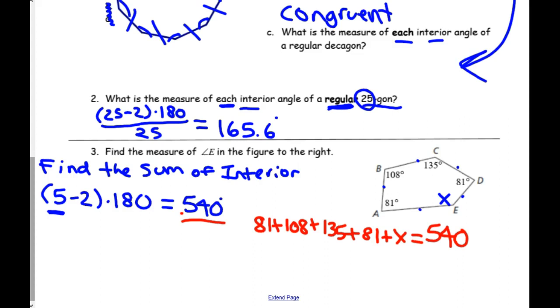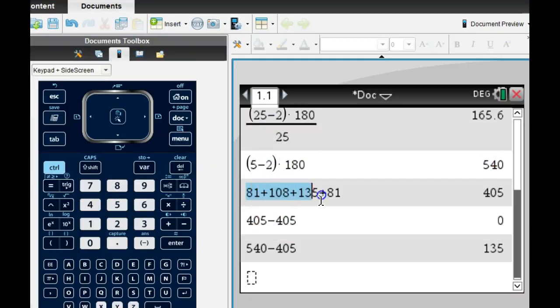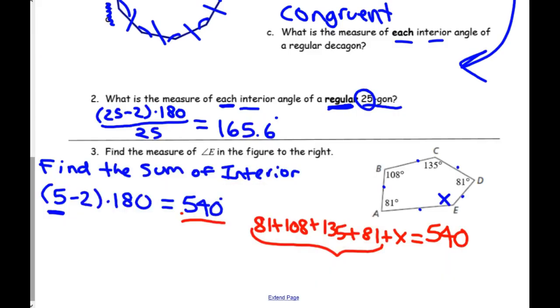So, first step, all these like terms, I'm going to combine like terms. I need to add up 81 plus 108 plus 135 plus 81, which I did, and I got 405. Bring down plus x equals 540. What's my last step?